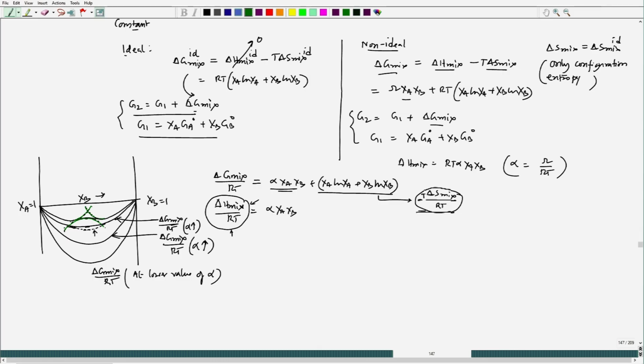Now as we keep increasing the alpha, we see that it becomes like this. So this point shifts to the left and this point shifts to the right, this and this, and then if we increase further, we will see that there will still be a dip. So this dip is there, okay, but here alpha is very high.